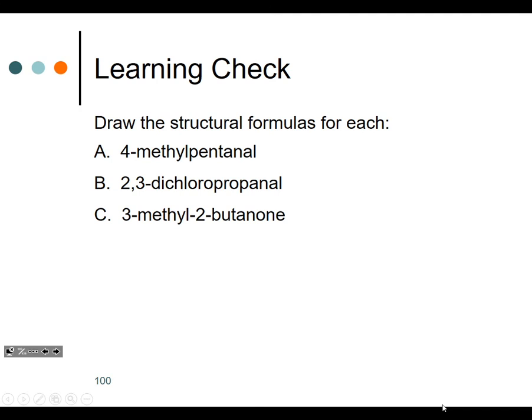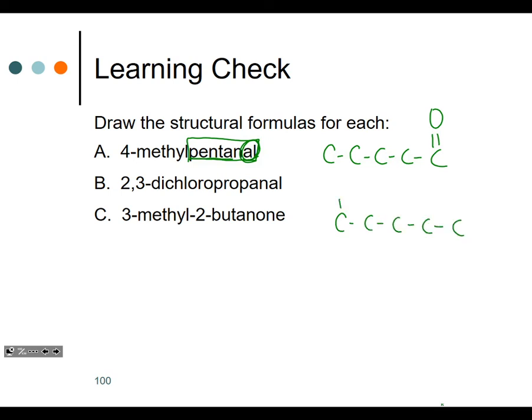Now we're going to draw the structures. So as soon as I see them, I always go straight down here to the end to see. First off, there's 5 carbons, and what am I drawing? I'm going to draw that double bonded oxygen. So I'm going to go 1, 2, 3, 4, 5. And -al tells me it is an aldehyde. Now I could have drawn this, I could have put it there.